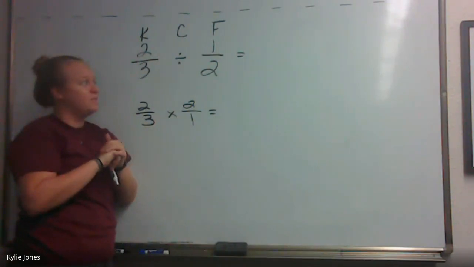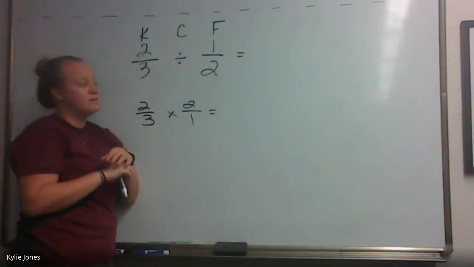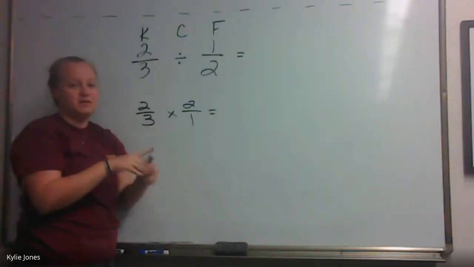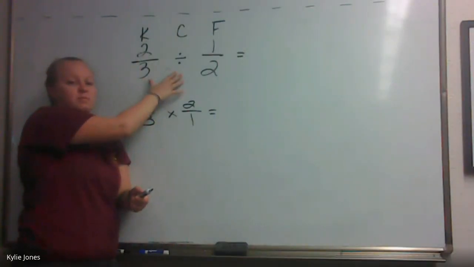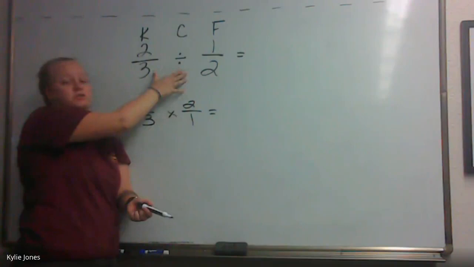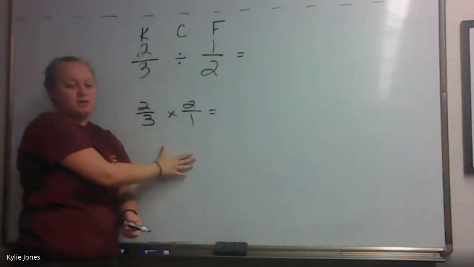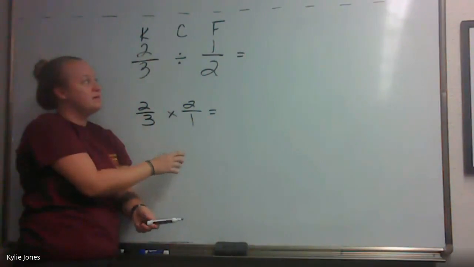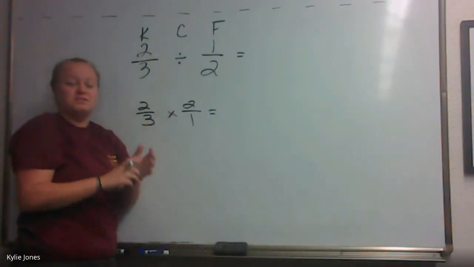There's a way to describe it, but it's very confusing. There are different ways to divide, but you're not dividing any differently. All you're doing is changing your division problem to a multiplication problem. It's just how dividing fractions works.